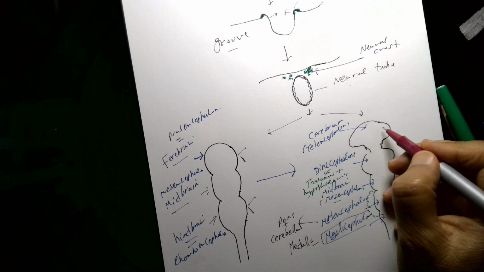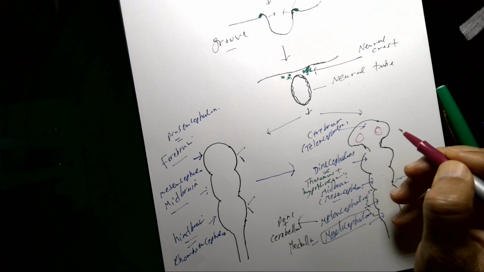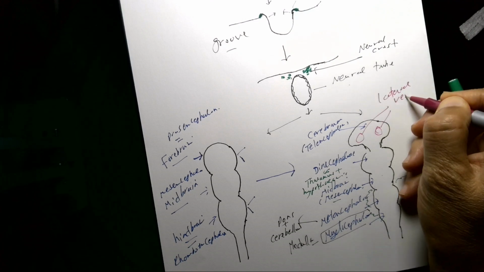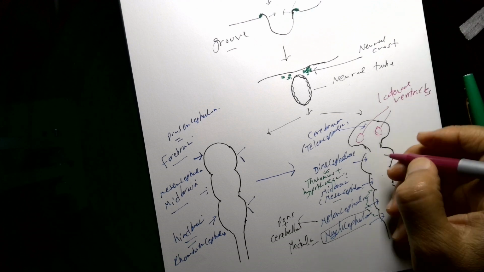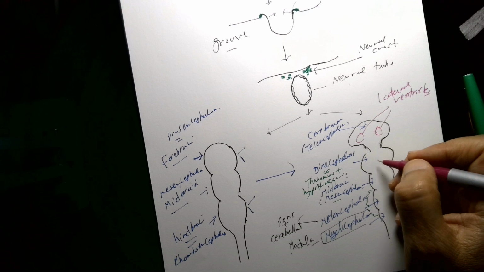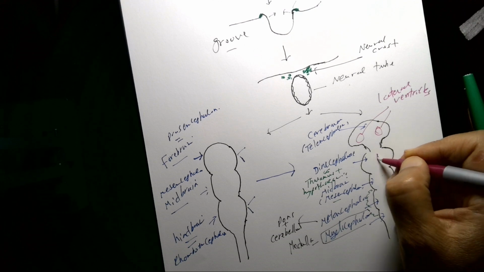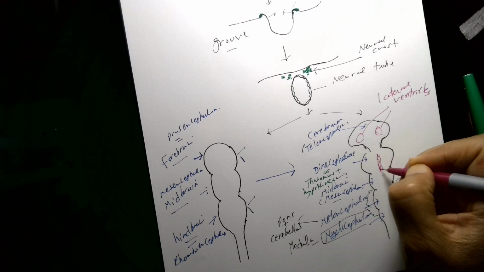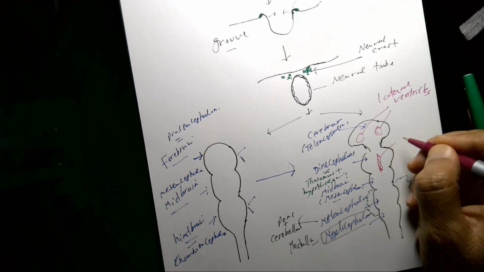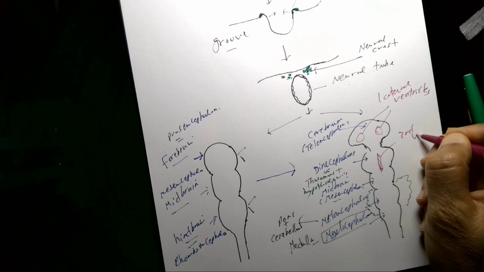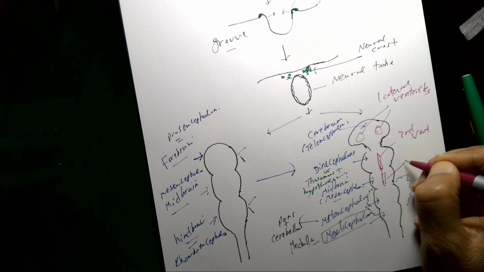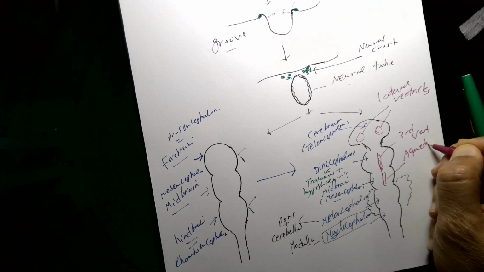There will be a cavity here, we call it the lateral ventricles. Then the diencephalon has a cavity which extends down here, the third ventricle. Then another cavity here in the midbrain, which is the aqueduct of Sylvius or cerebral aqueduct.